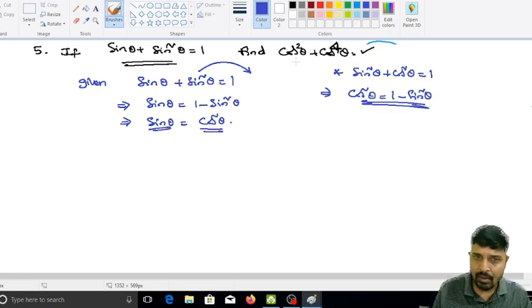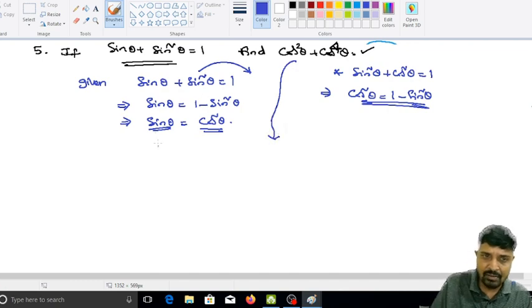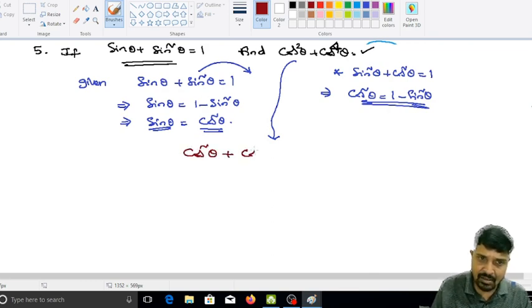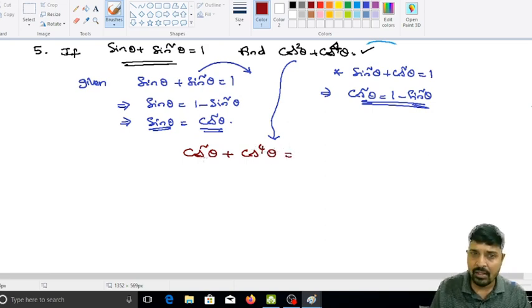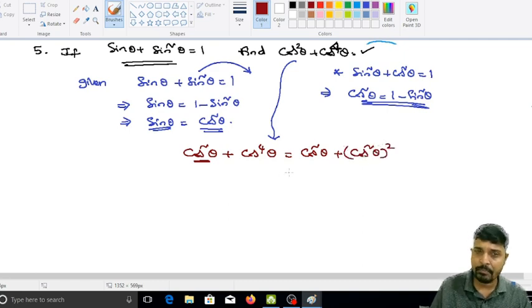Okay. Now what is the value that we have to find? We have to find the value of cos square theta plus cos power 4 theta. Okay. So cos square theta as it is, plus in the place of cos power 4 theta, I can write it as cos square theta whole square.